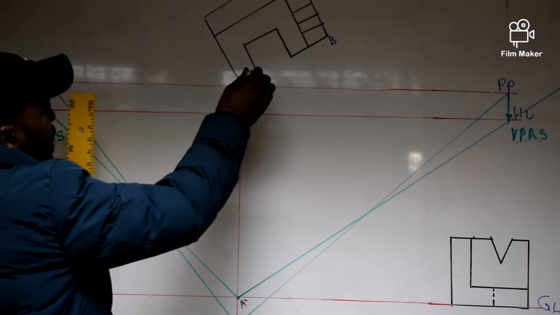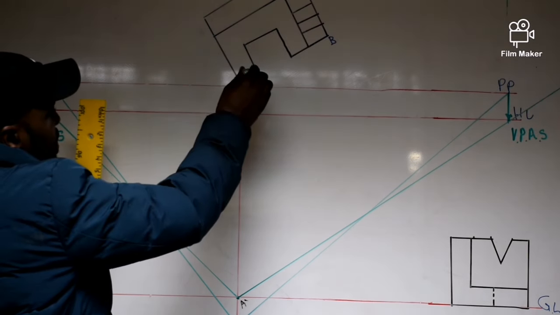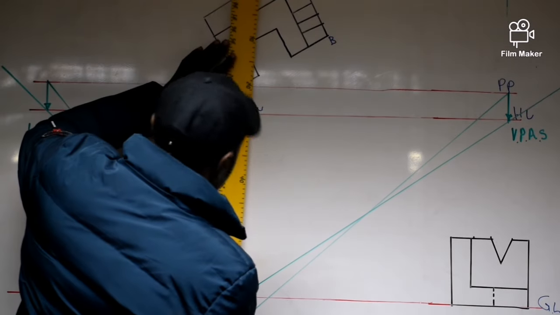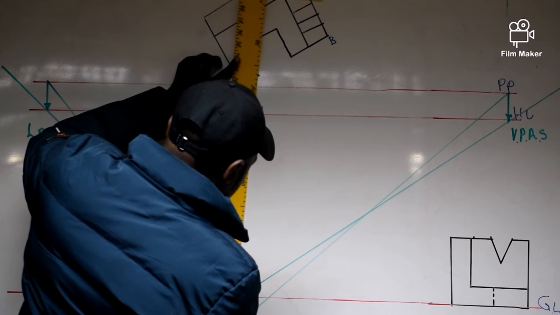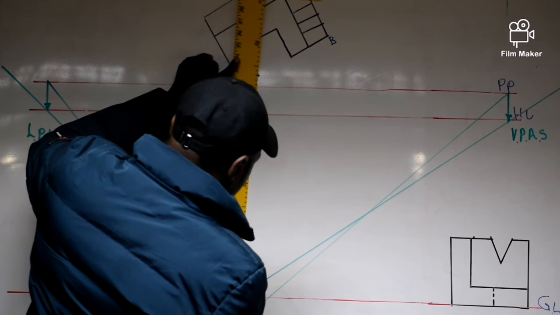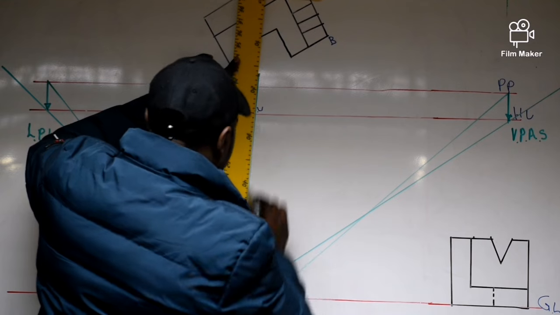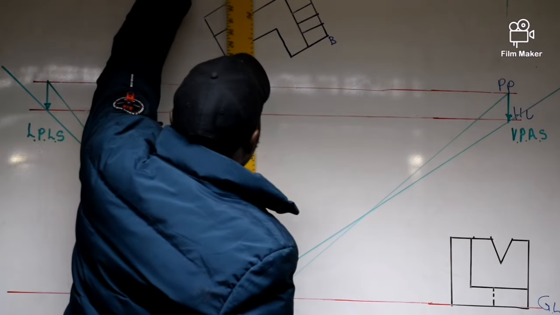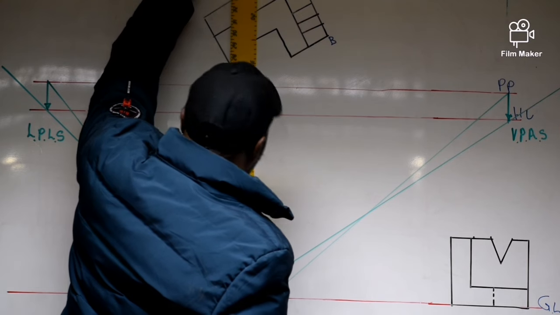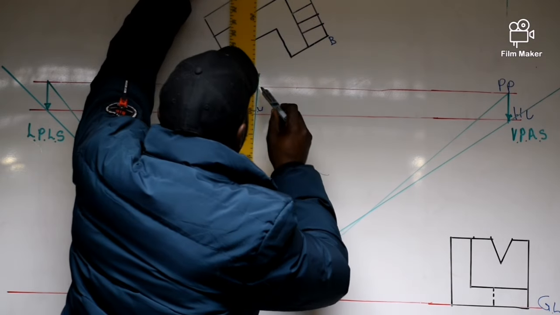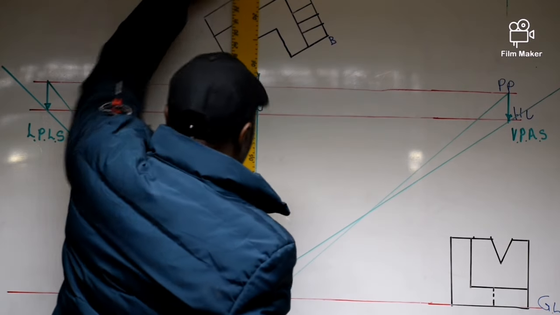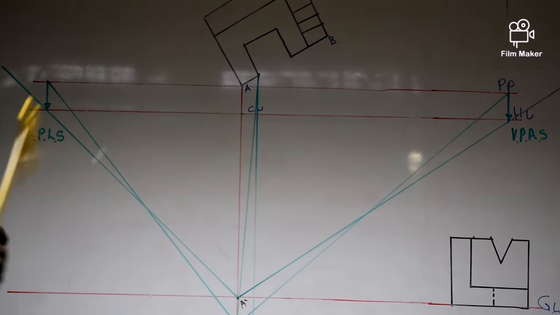So now, let's take this point A towards our stationary point. There it goes. Once it touches the picture plane, it goes vertically down. Right.